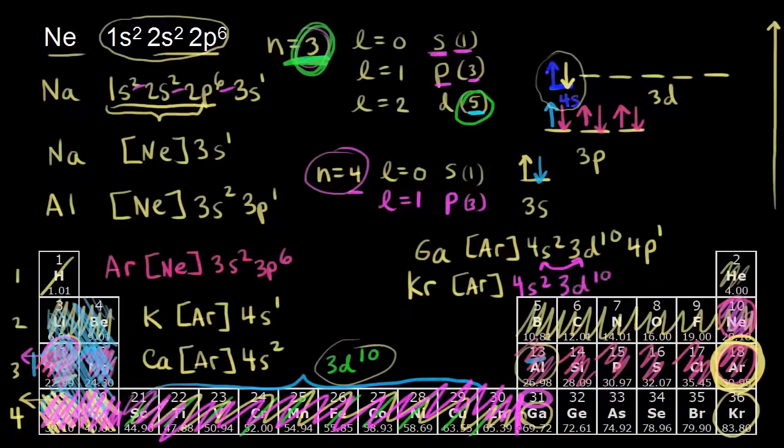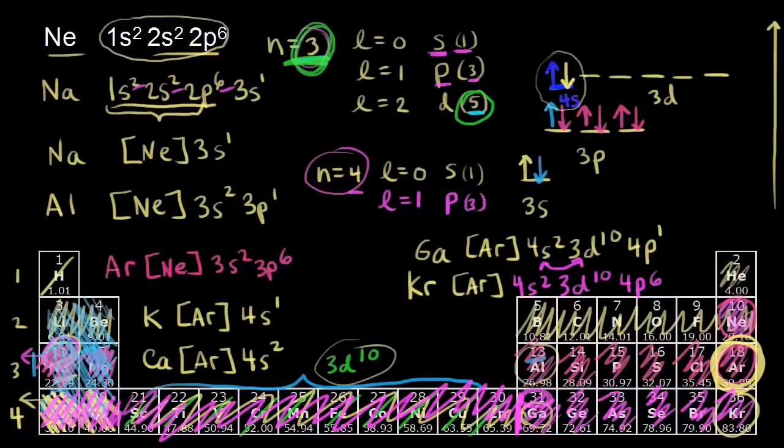Now we're in the fourth shell and the p orbitals, so 1, 2, 3, 4, 5, and then 6. So 4s2, 3d10, 4p6 would be one way to represent the electron configuration for krypton.